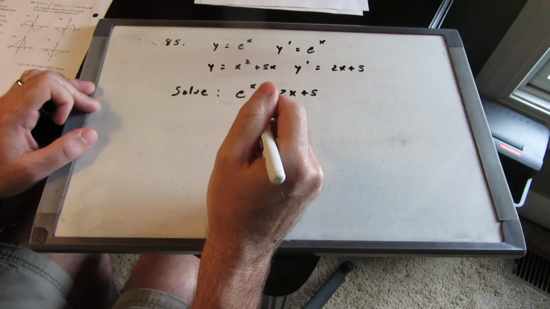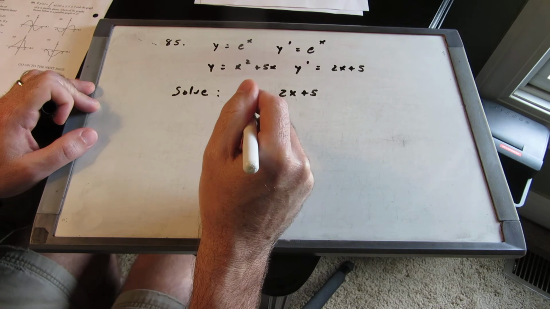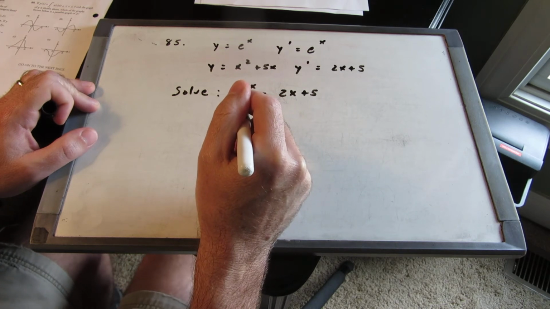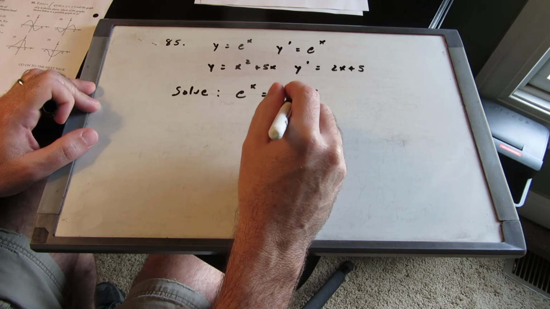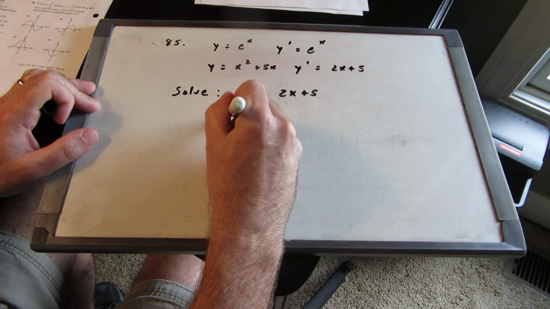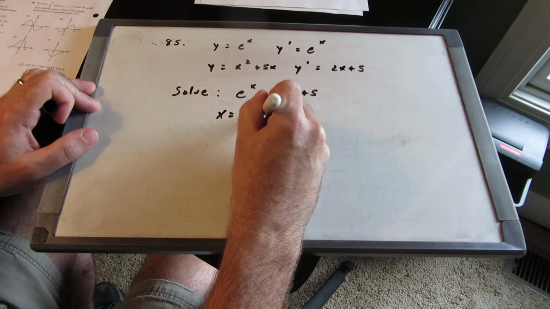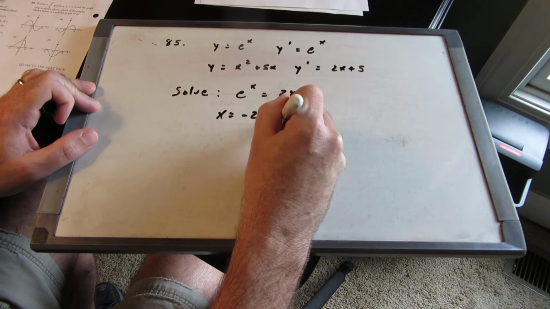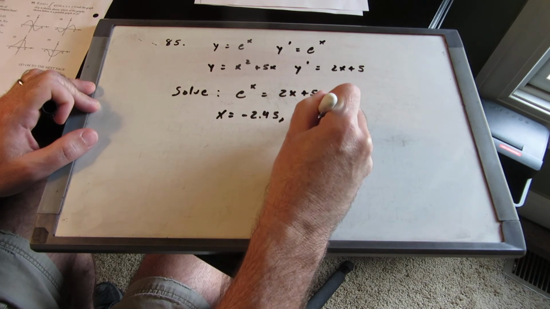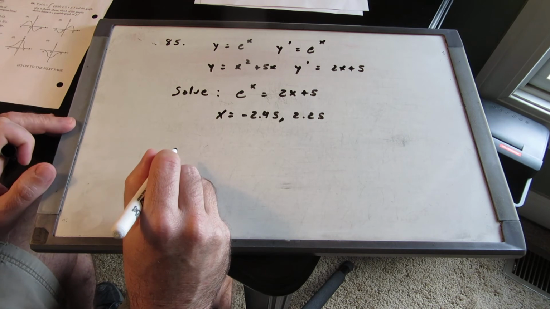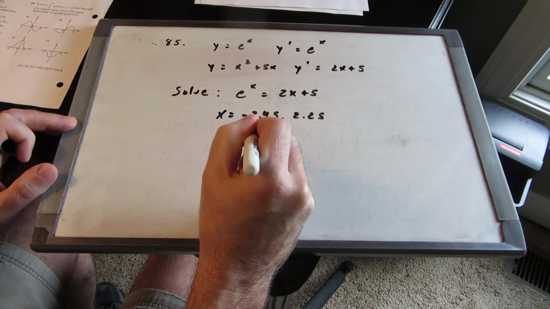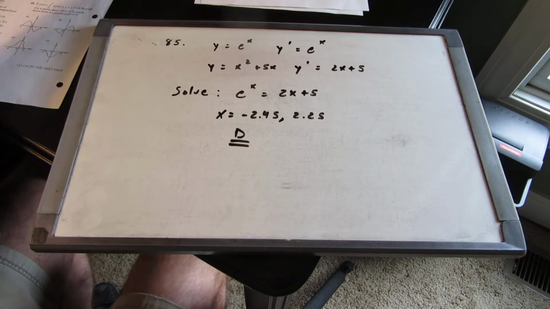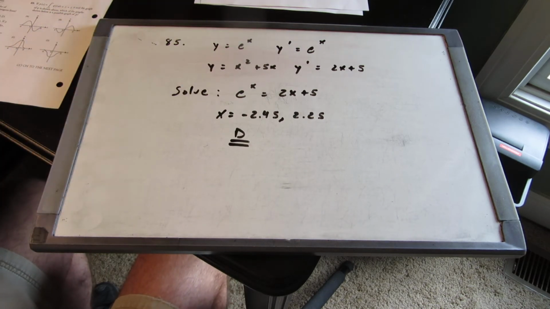Now you could graph them and trace to see where the two answers are, but the solve function would probably do it faster. The answers it'll give you are negative 2.45 and 2.25 where those two are equal, and that is answer D. So I think you can get that one pretty quick.